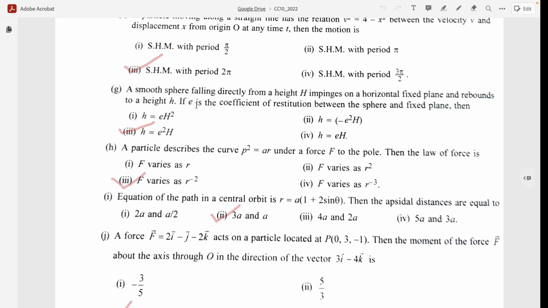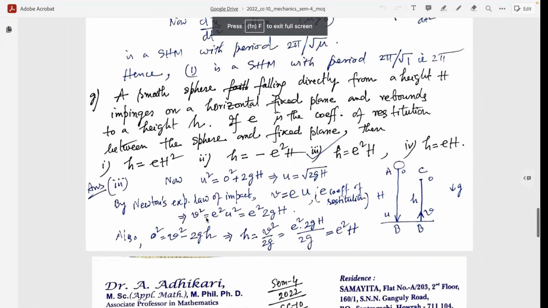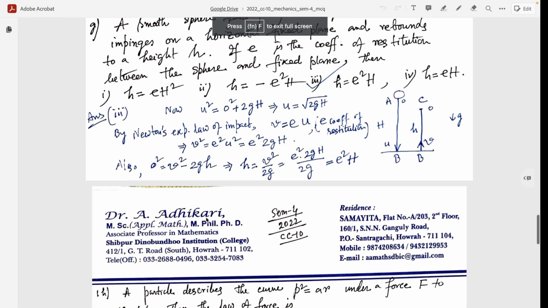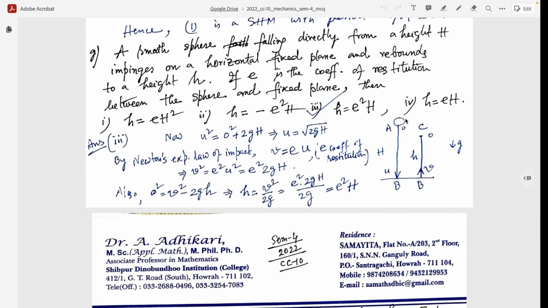If small e is the coefficient of restitution between the sphere and the fixed plane, then the correct option is small h equals e square capital H. Here, the sphere falls from the point A directly from the height capital H to the point B on the horizontal fixed plane and rebounds up to the height small h.